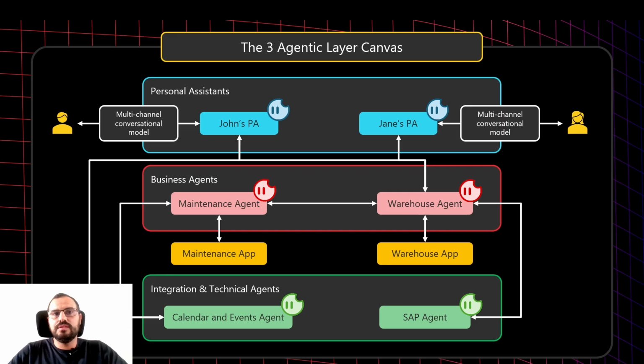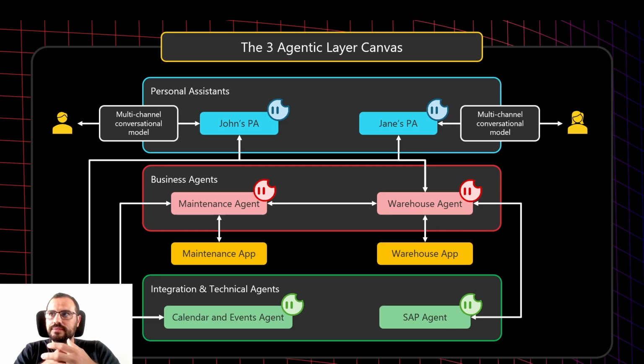With ODC, this began mostly to disappear because we now talk more in terms of apps and libraries, and inside even the apps, we are talking more in terms of putting apps as their own domain or subdomain of an application, so they can embrace a full stack of data, logic, and UI. But for the case of agents, I decided here to go back and create this three agentic layer canvas.